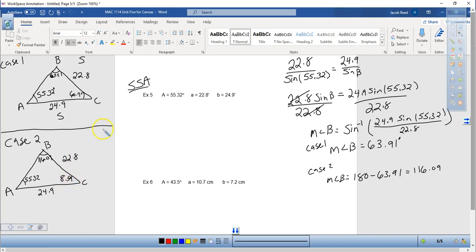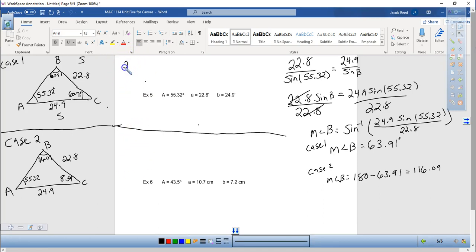Okay, last thing we have to do is find the last side. I'm trying to do a separation here, and I did not do a very good job. Put my 60.77 back. Okay, so I'm going to draw a separation, and I'm going to work out case 1 up here, case 2 down here.